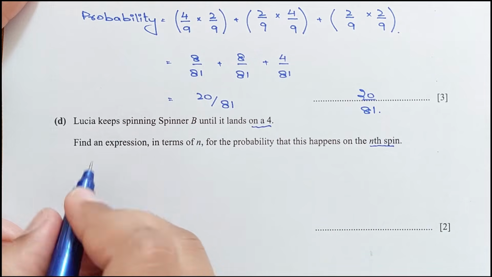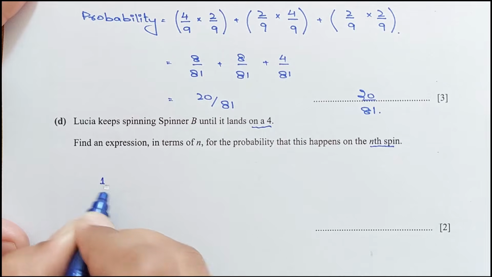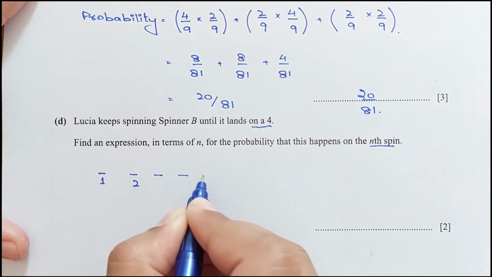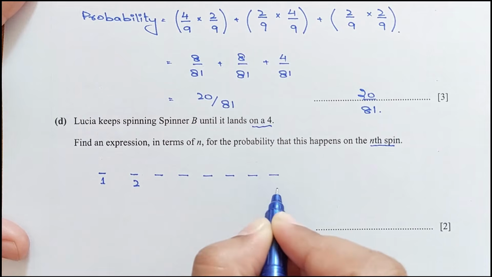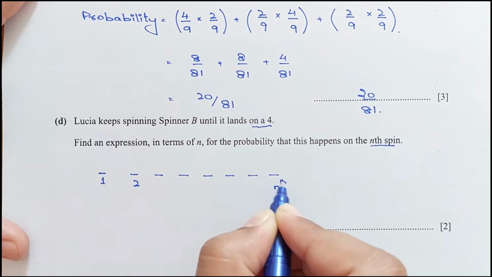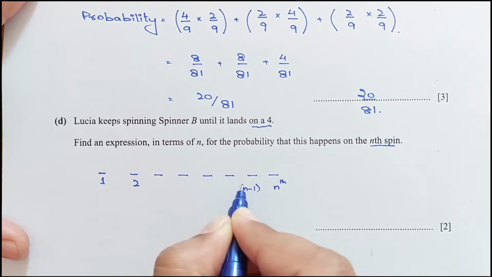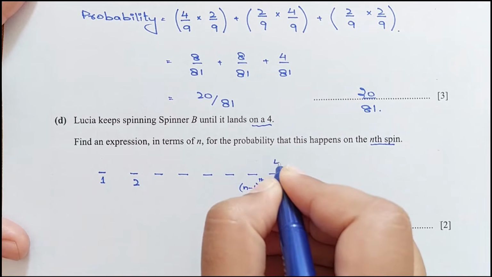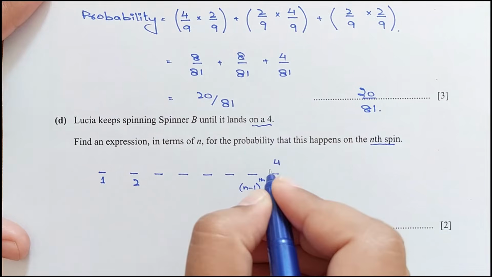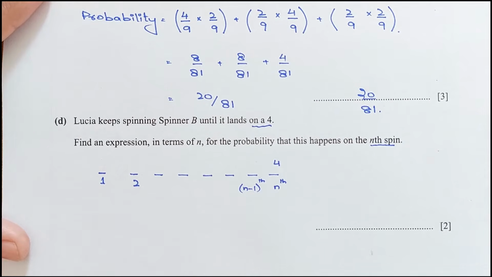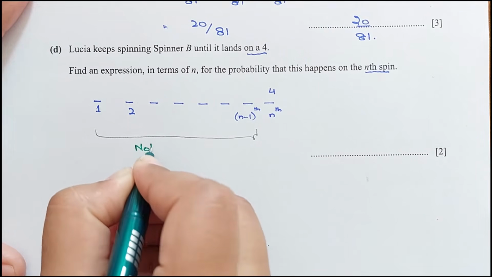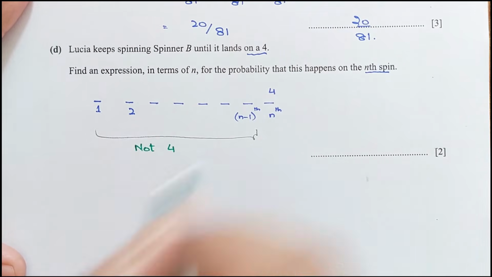So we have the first spin, the second spin, the third, fourth, fifth, sixth, and so on, till the nth spin, and this is the n minus 1th spin. On the nth spin you will get 4, and the rest of the spins are not 4. So these are not 4, and this spin is 4.